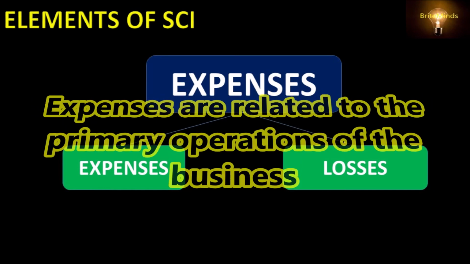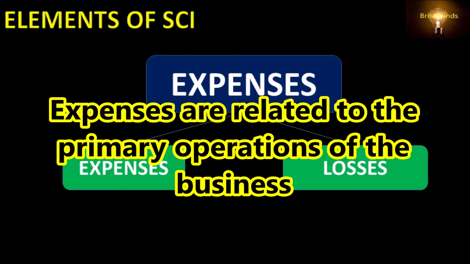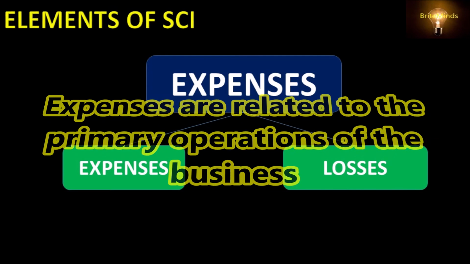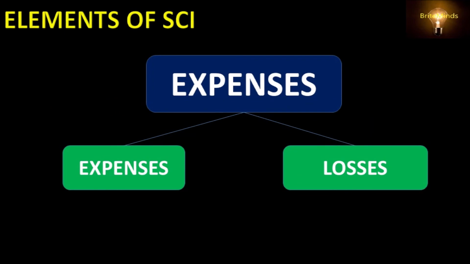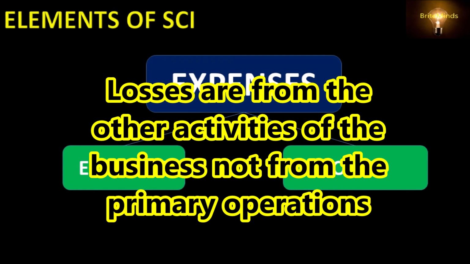What are expenses? Expenses are related to the primary operations of the business. An example of expenses: the cost of merchandise is part of the selling activities. What are losses? Losses are from the other activities of the business.